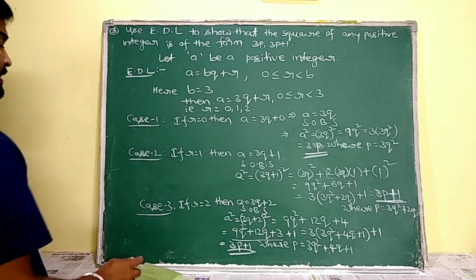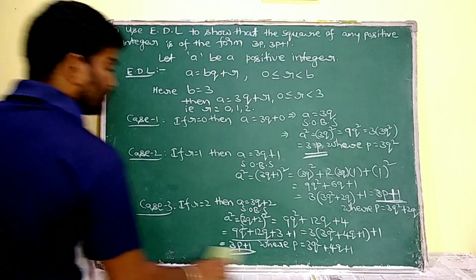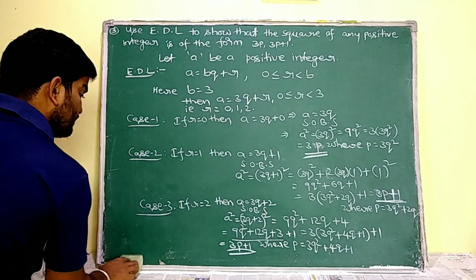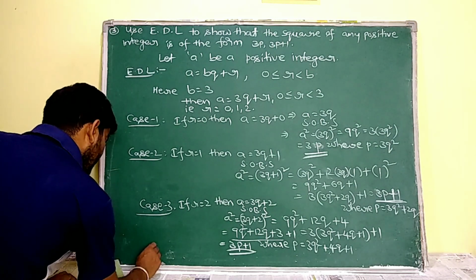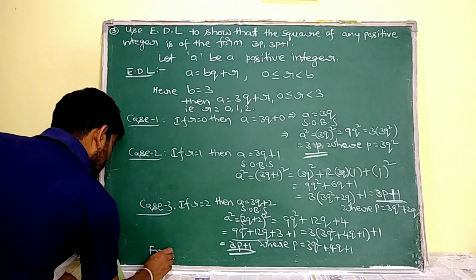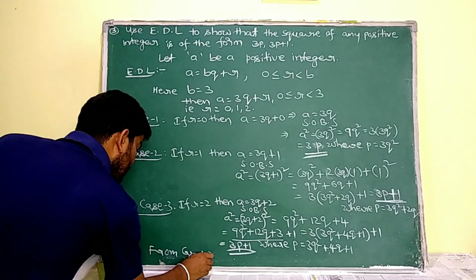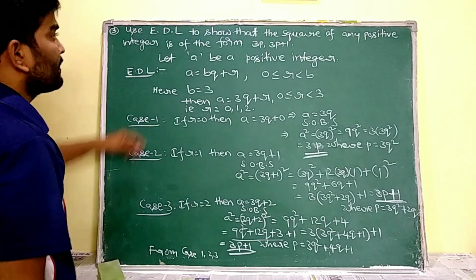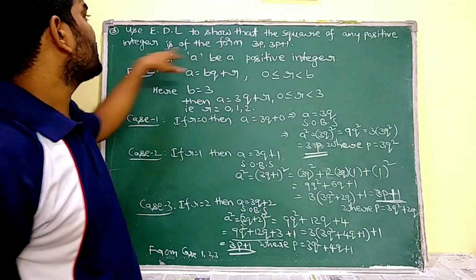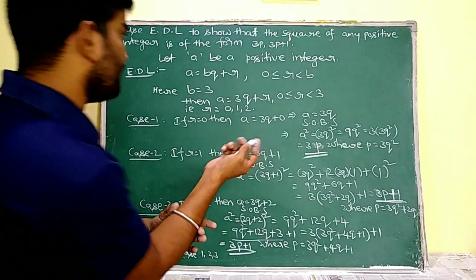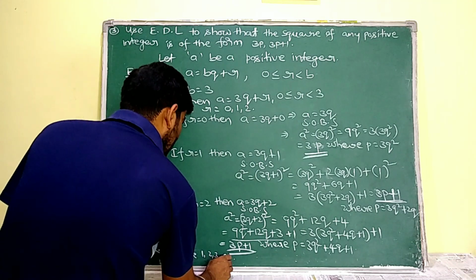So from case 1, 2, 3, I am going to write that the square of any positive integer is in the form of 3p or 3p plus 1. That we have to write.